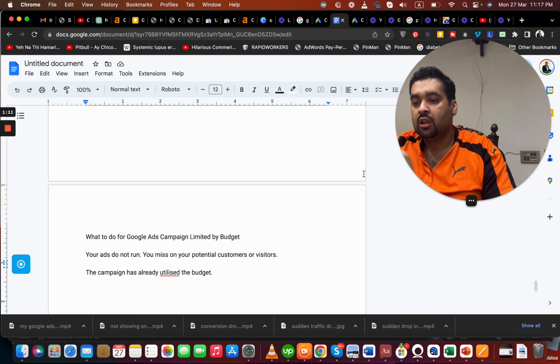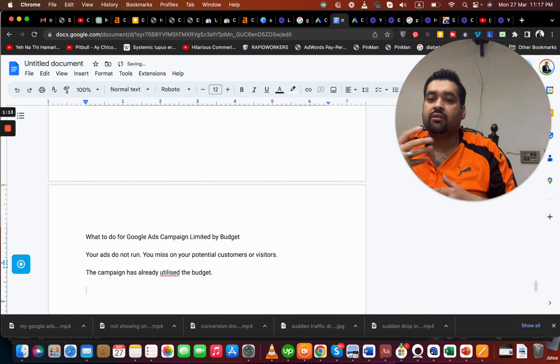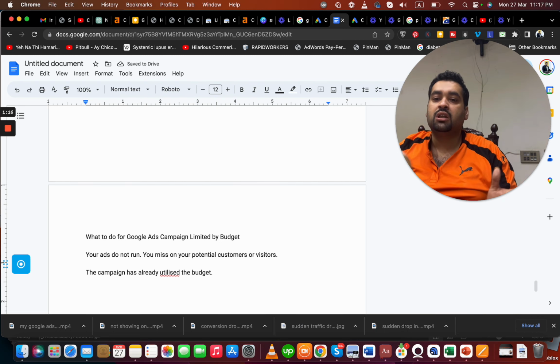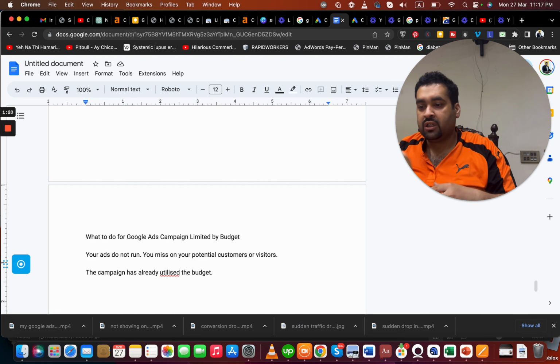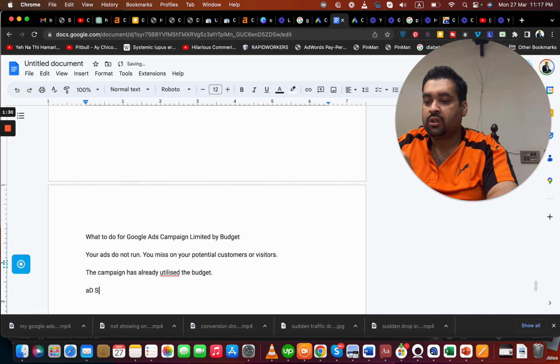What you can do to get it sorted is divide the campaign into different segments to see which one is working well for you, and then put more budget into that. For instance, because it's a generic campaign, you don't know when there was suddenly a traffic hike or a conversion hike. So what you have to do is follow the ad schedules, work out your locations, and divide this campaign into smaller campaigns.